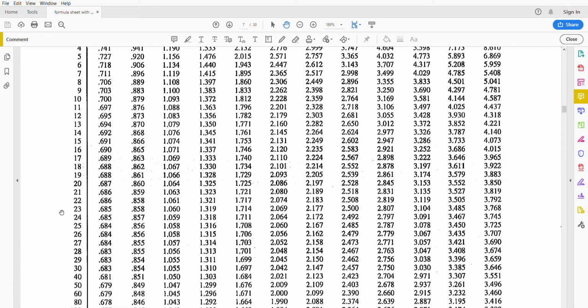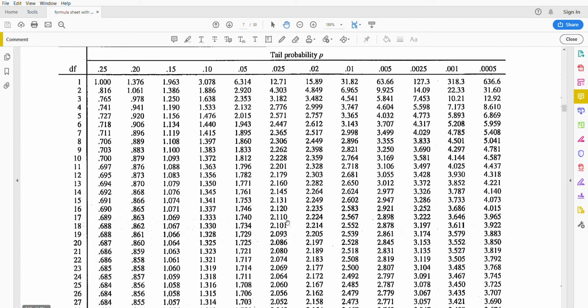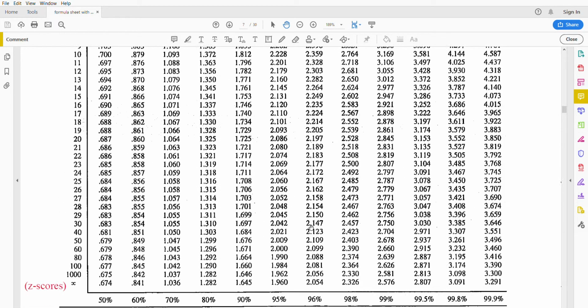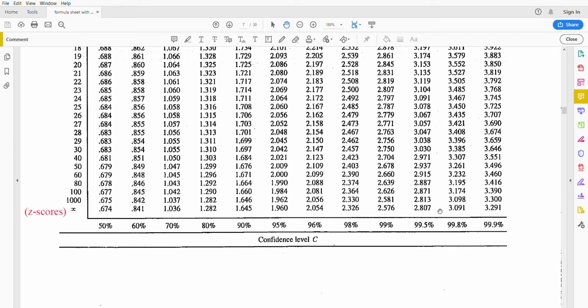If you know the degrees of freedom, you look it up here, and then you find the critical value. The last row, the one labeled infinity, these are all z-scores. So these are the z-scores that we would use as critical values when we're doing confidence intervals for proportions.